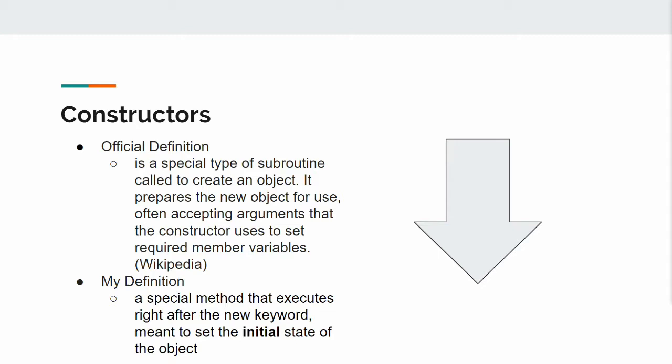So state and object were used previously. So it's important to understand that the constructor is called right after the object has its place in memory. And this allows the developer, the programmer, to initiate how the object is going to start, whether it will start with a certain ID or have a certain input that it will then transform as it goes along.